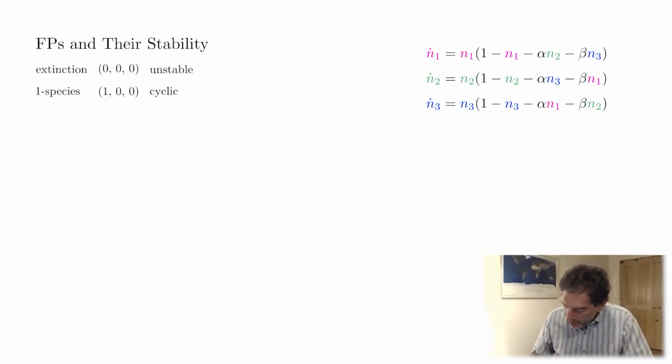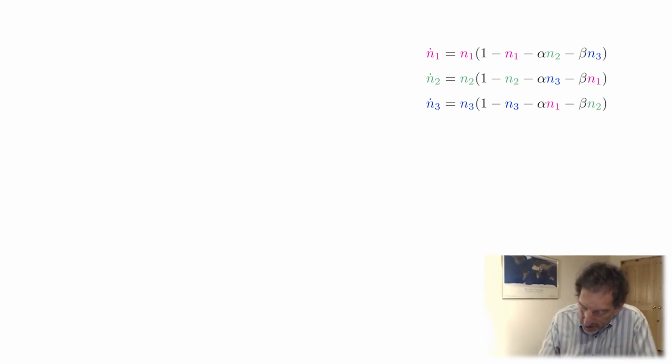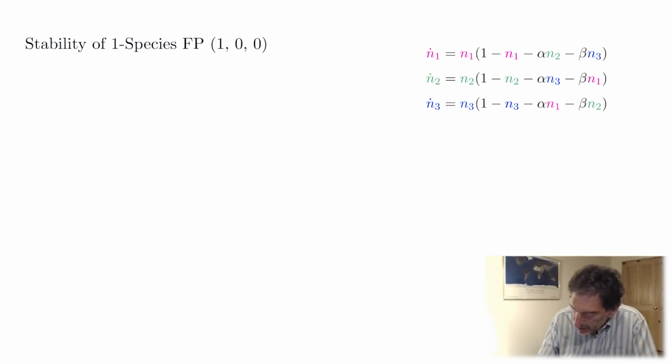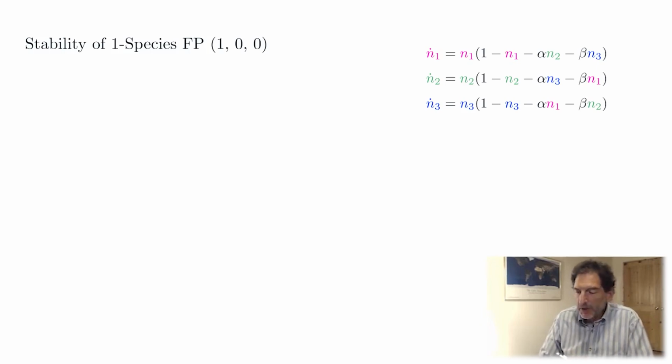So let's look algebraically a little bit more carefully at the one species fixed point. Let's examine now the stability of this fixed point, 1, 0, 0. The program is straightforward, as we've seen even in 2 dimensions: we write the variables close to the fixed point, plug them into the equations of motion, and linearize about the fixed point.